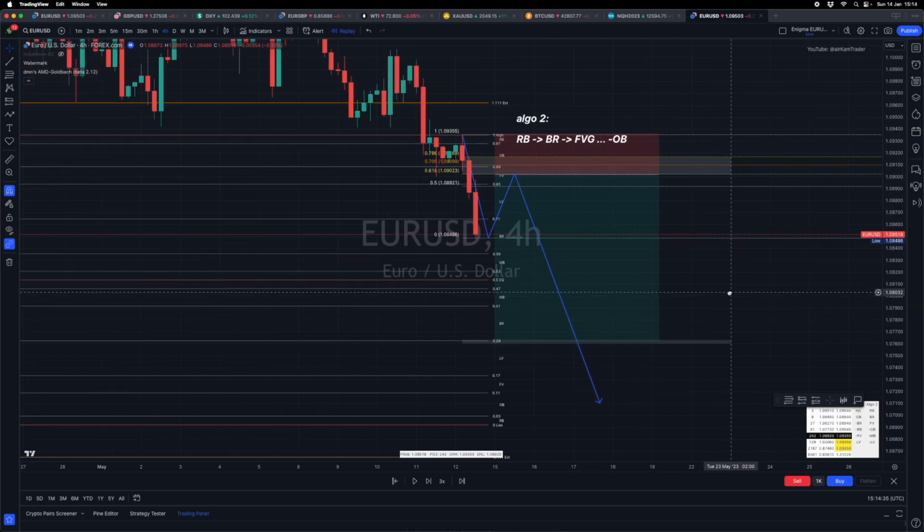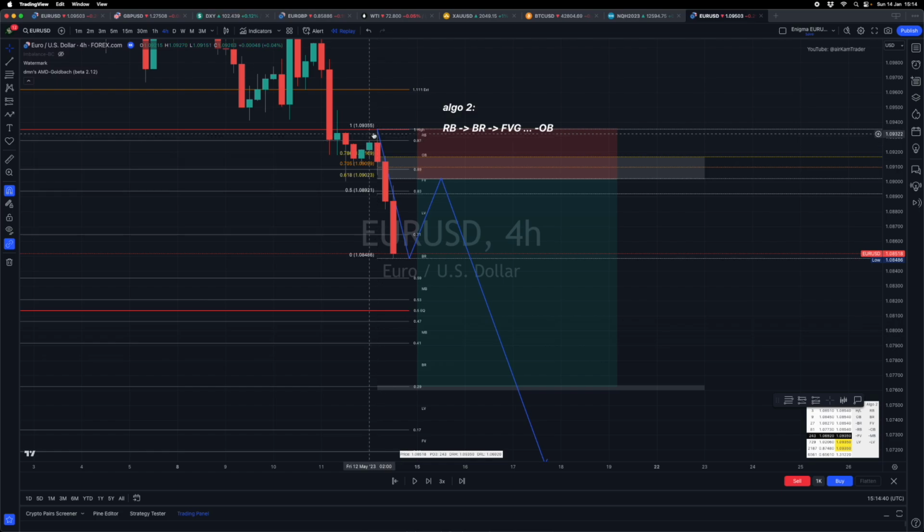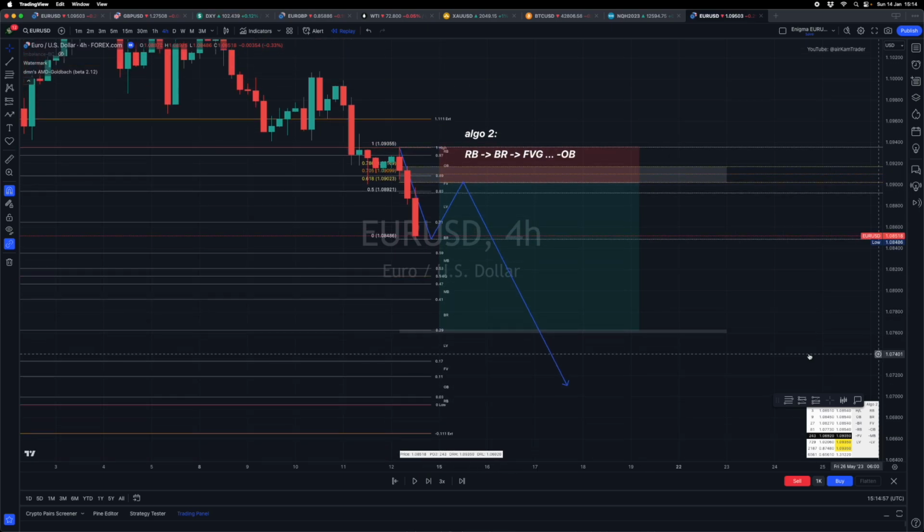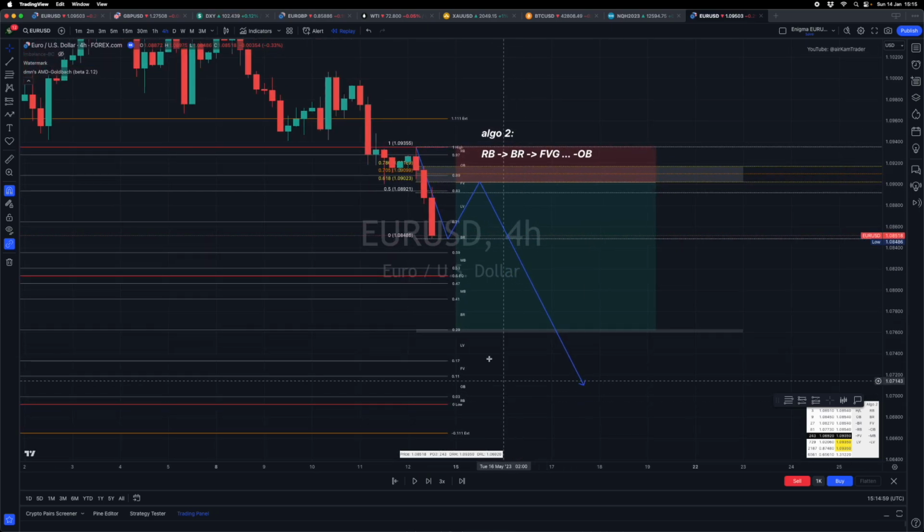This is algorithm 2. So, first point is, the OTE, if you understand that this is ICT's dealing range, then you can anticipate an entry here, right? But as Goldbach traders, we understand that the dealing range is actually from the high to the low, which is here, and algorithm 2 will make its way, create the breaker, retrace to the fair value gap, GB level, and then terminate at the opposite order block.